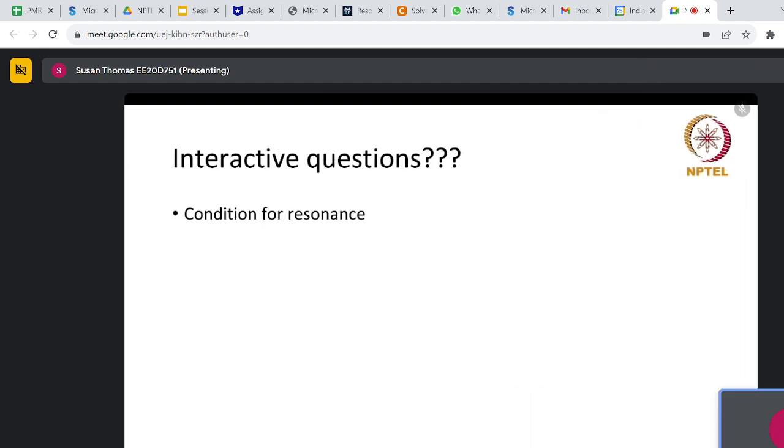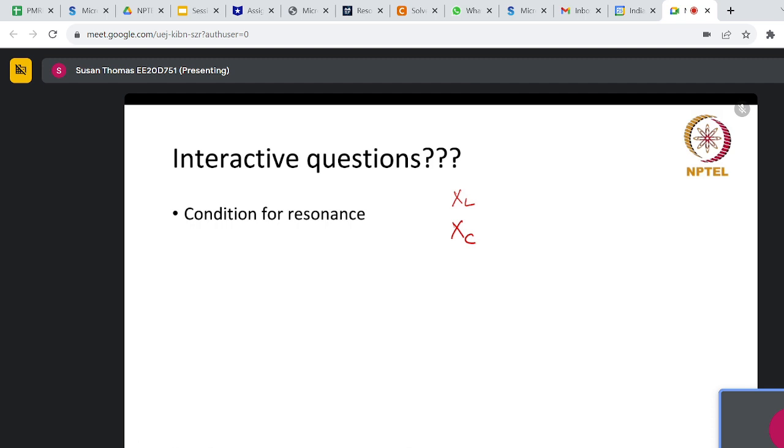So I think I can give some clues here. You have come across XL and XC, which are the inductive reactance and the capacitive reactance.